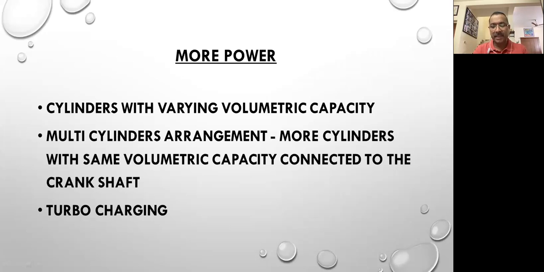There are 4 cylinders, or some cars will say that it is a 6-cylinder engine. When you come to trucks, it's 8-cylinder, 10-cylinder. When we come to the arena of ships, they will say that it is 18-cylinder, 20 or 24-cylinder, like that.